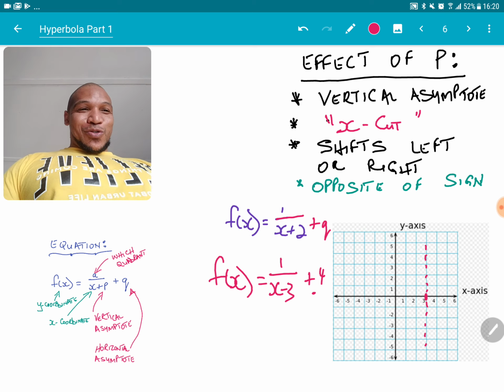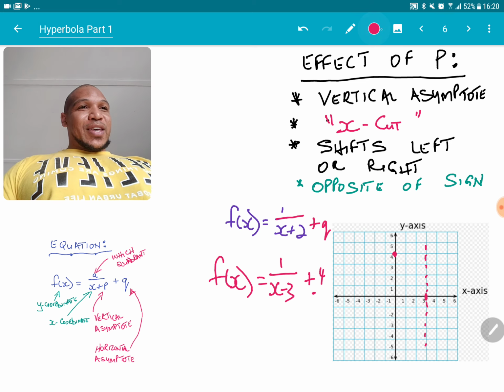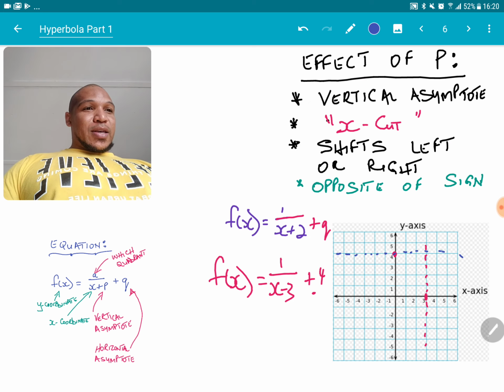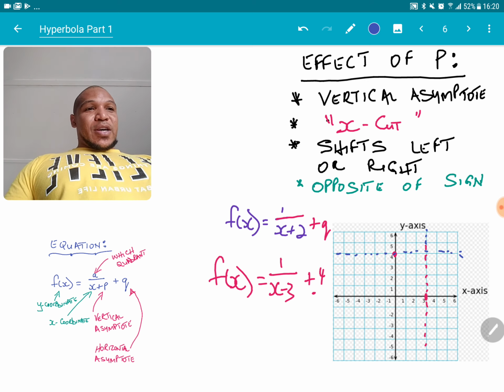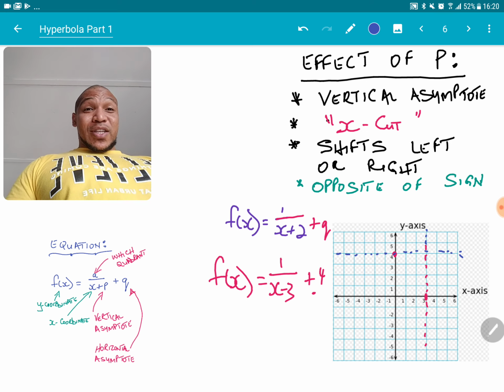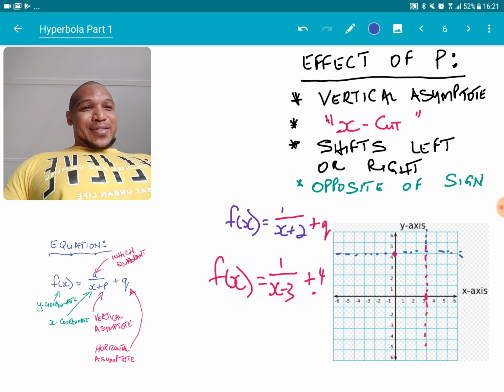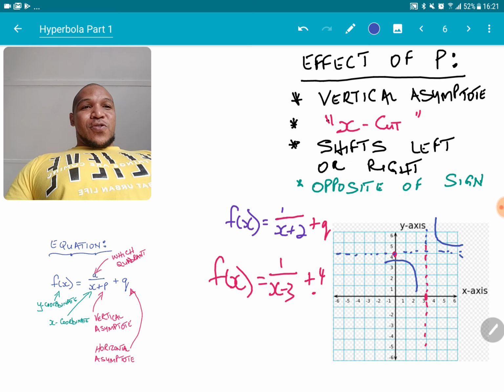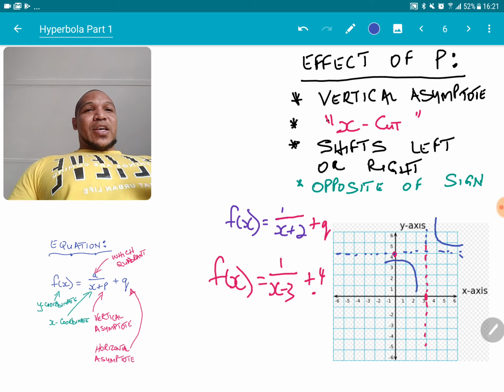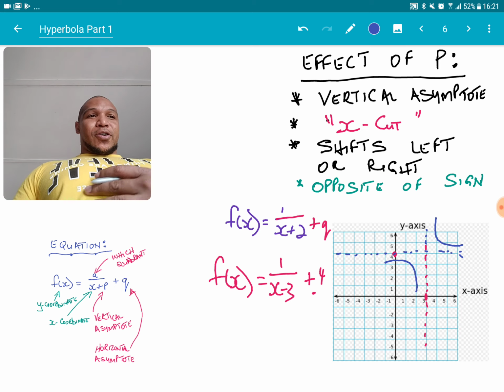It's +4. There's a 4 on my y-axis, and there will be my horizontal asymptote. And it is positive there. So in which quadrant will my graph lie? Now we're testing everything. It's positive, so it will lie in quadrant 1 and quadrant 3. So that's the effect of P on my graph.